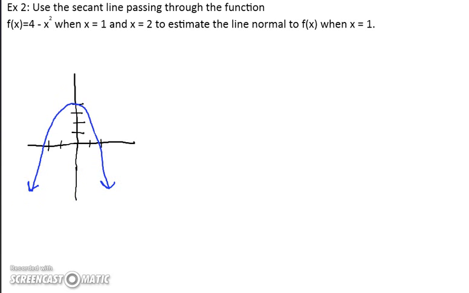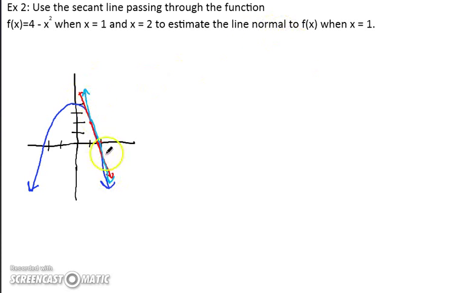So what we're trying to do in this problem is we're trying to find the secant line that goes through these 2 points to estimate the tangent line that just goes through the point here where x equals 1. So they kind of look similar because my picture is not very good.